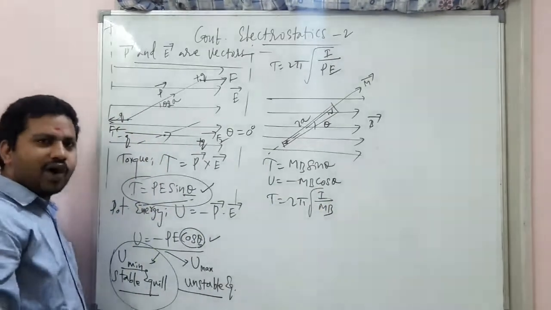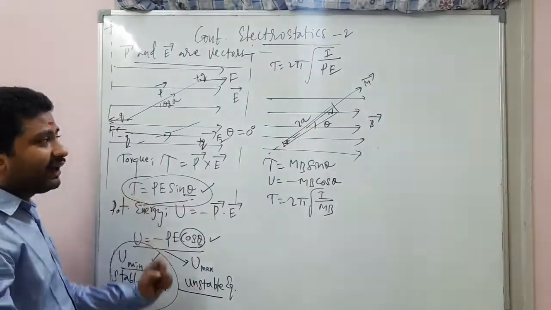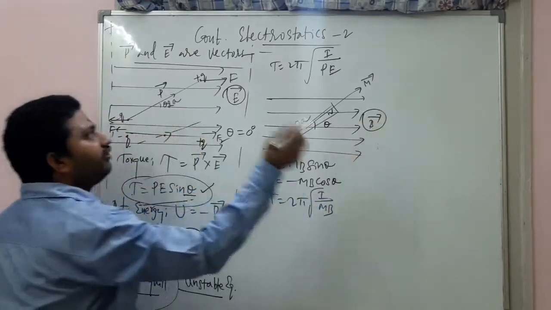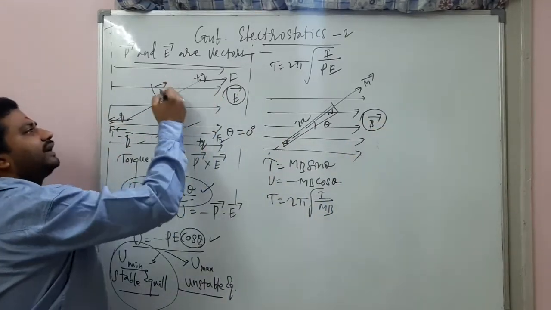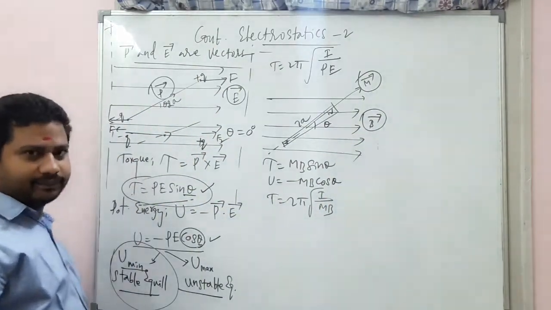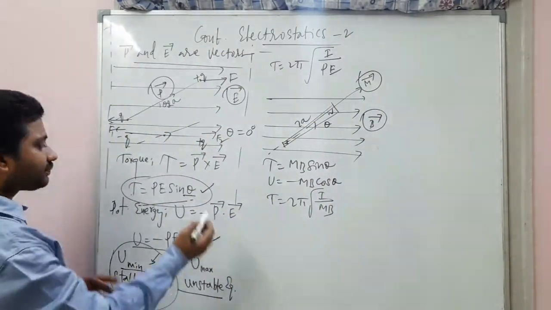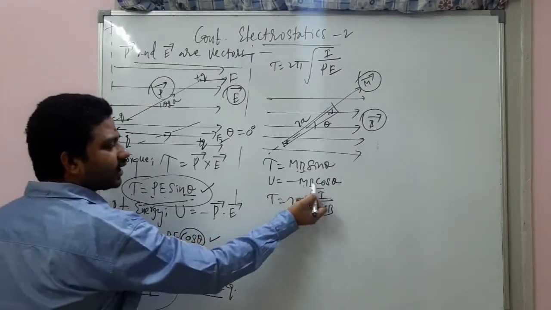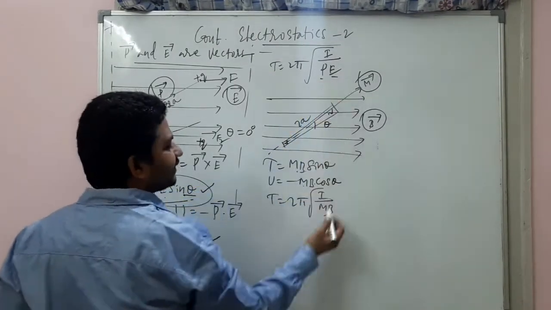See here, all the formulas are the same. Wherever there is an electric field, we have a magnetic field. Wherever there is an electric dipole, we have a magnetic moment. That's it. Right? Here PE, this is mB. PE, this is mB. And PE, this is mB.